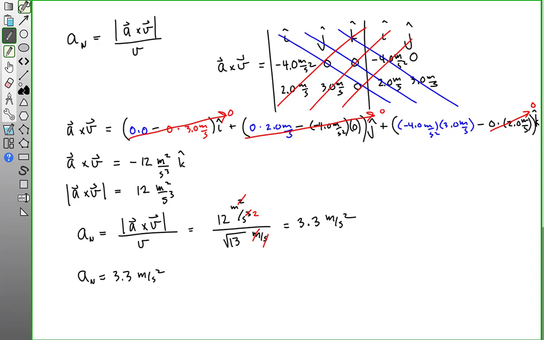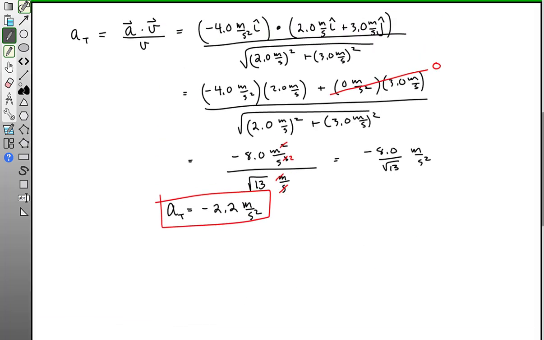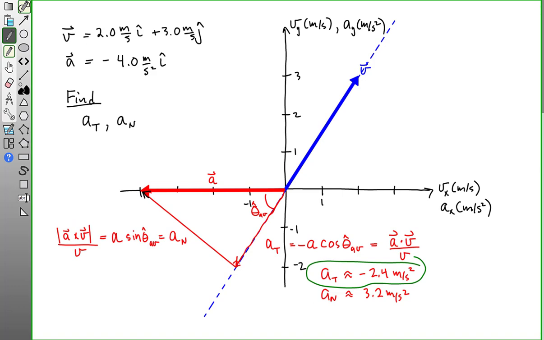Well, let's compare this value to the value we got from our sketch. Here we have 3.3 meters per second squared. In our sketch, we got 3.2 meters per second squared. That is really good. Our sketch got really close to our algebraic answer.